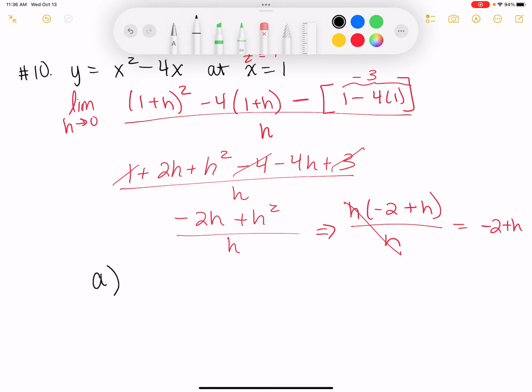To find the slope, we're evaluating this when h is approaching 0. So the limit as h approaches 0 of our now simplified negative 2 plus h is equal to, well, as h goes to 0, what am I left with? Negative 2. So my slope is negative 2.